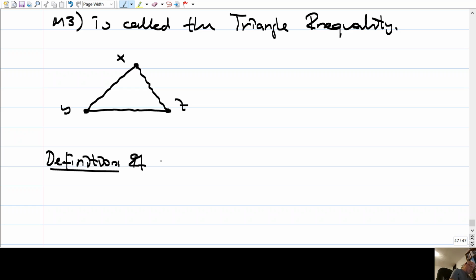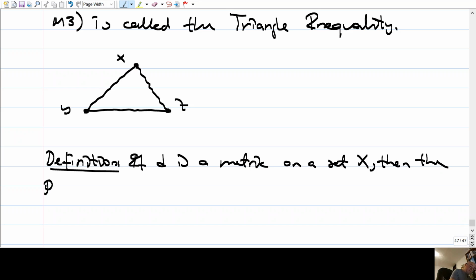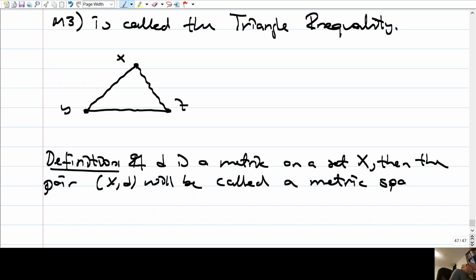If d is a metric on a set X, then the pair (X, d) will be called a metric space. Okay, a metric space.